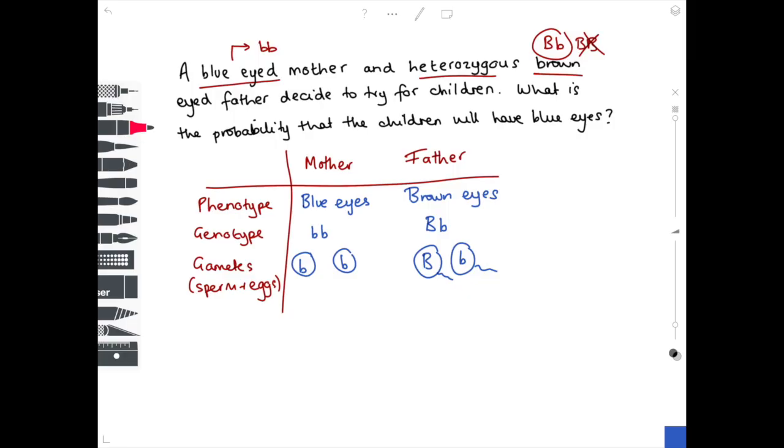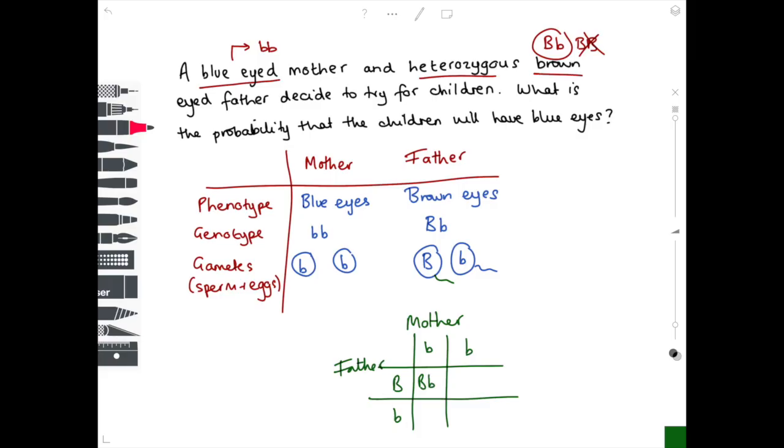And now we need to do the Punnett square. So mother, father. I don't know why my iPad sometimes undoes what I've done already. So she's small b, he's big B, little b. Let's cross them.